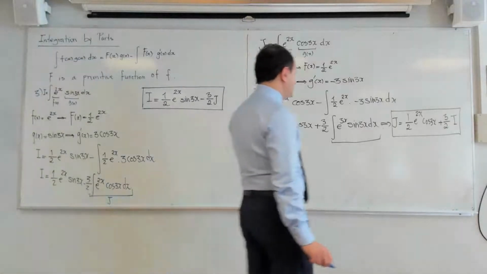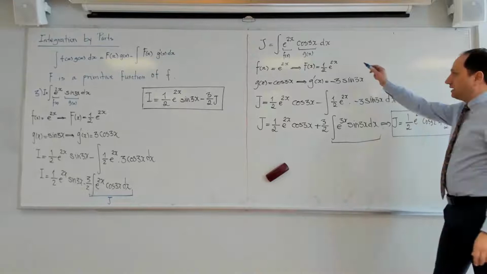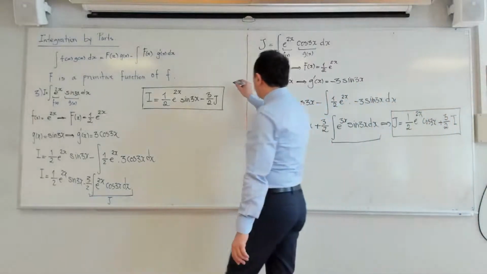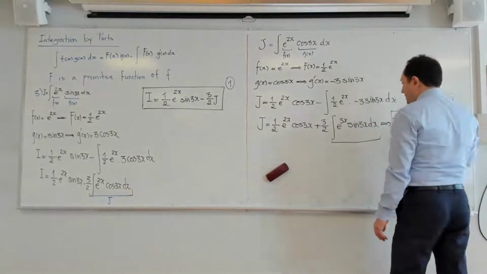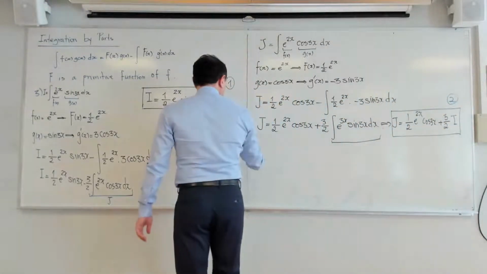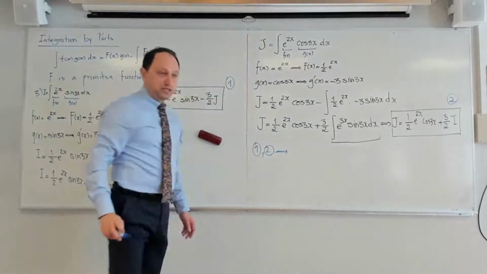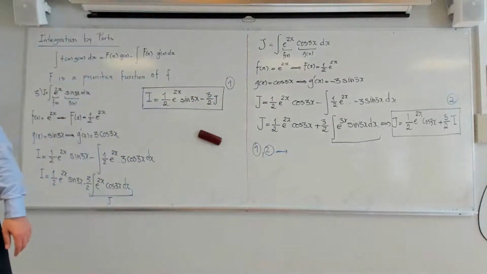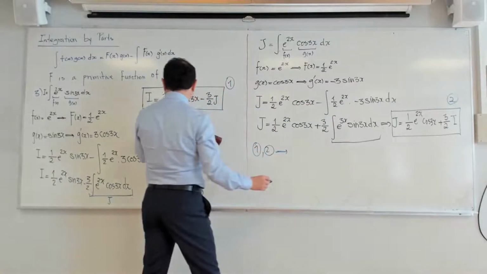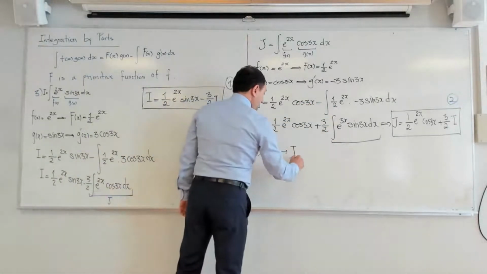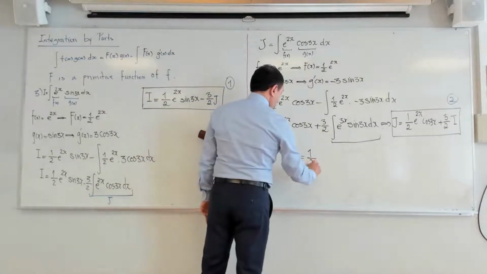So exactly what you are saying, this is not a circular argument, I just want you to understand. I put it back in this equation, so let me call this one number 1, and let me call this number 2. So if I consider number 1 and 2 together, then I am done, more or less. Yes, so this implies that. So what happens? I will have I equals to, I will copy and paste the first part.